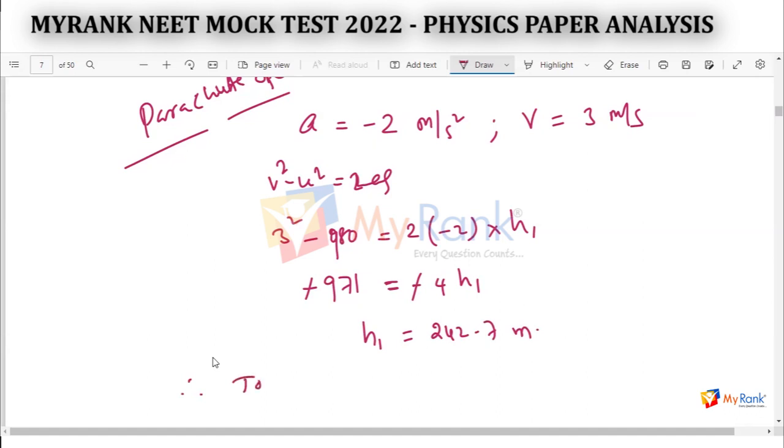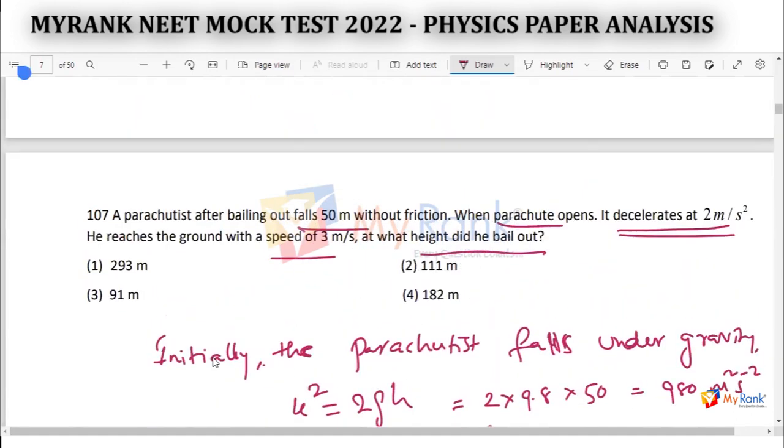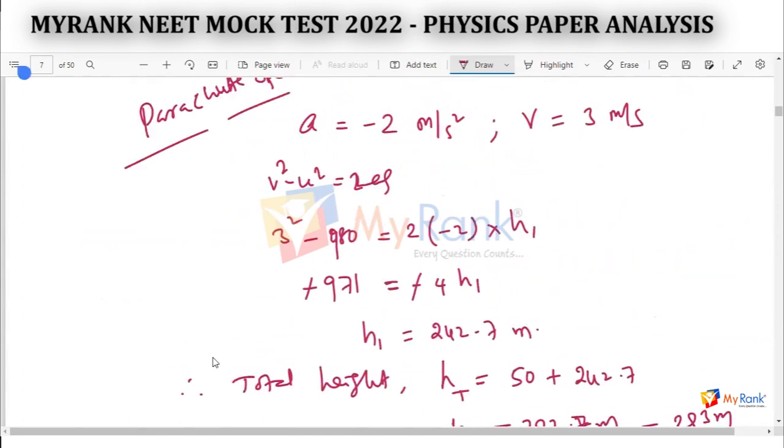So therefore total height, H total is 50 meters under gravity, and when the parachute opens he covered 242.7 meters, right? So altogether, how much, friends? This totals 292.7 meters, the total height. See the option here, 293. So 0.7 is there now. So this equals 293 meters. That's the answer, friends.